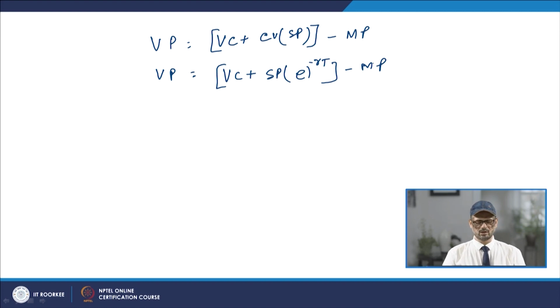These methods were simplified further, because they look somewhat complex. The simplified way is to calculate this Vc as MP into the PSP value.